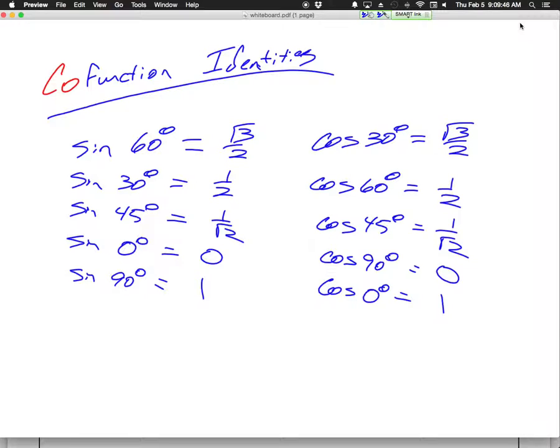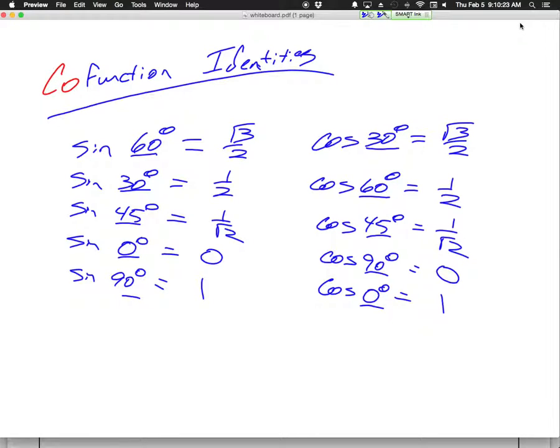They're equal when something has to be going on. There it is. 60 and 30, 30 and 60, 45 and 45, 0 and 90, 90 and 0.